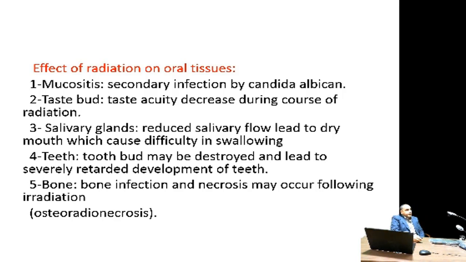Teeth: a tooth bud may be destroyed by radiation and lead to severely retarded development of teeth. Bone infection and necrosis may occur following irradiation, like osteoradionecrosis.